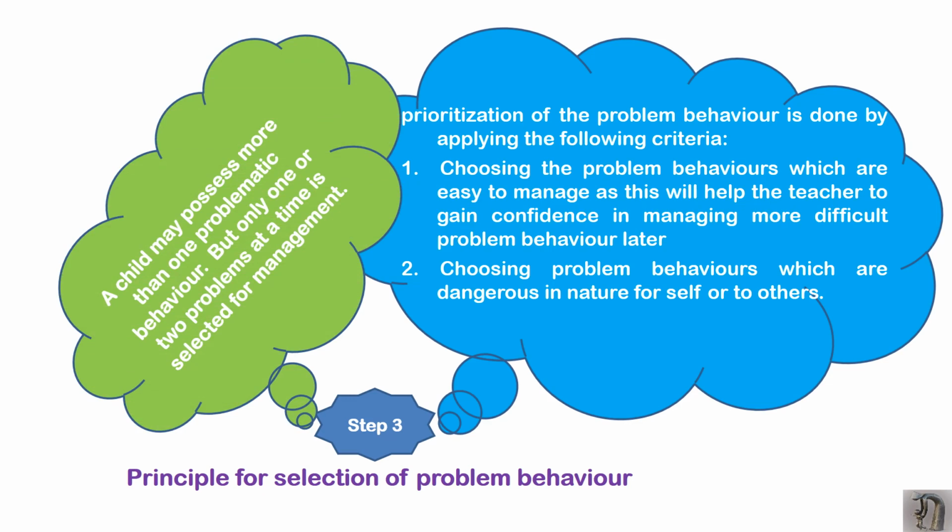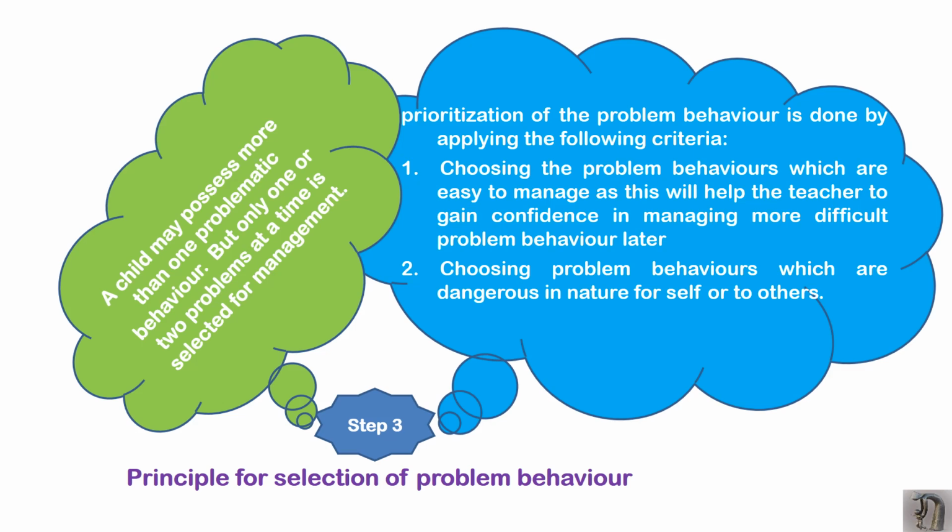A child may pose more than one problem, but only one or two problems at a time are selected for management. That is very, very important. So you need to apply this principle so that you can train the child, identify the problem behavior in an appropriate manner, and provide the intervention.